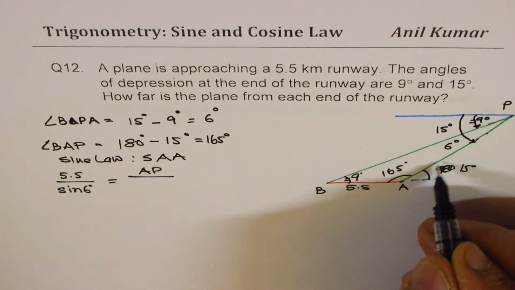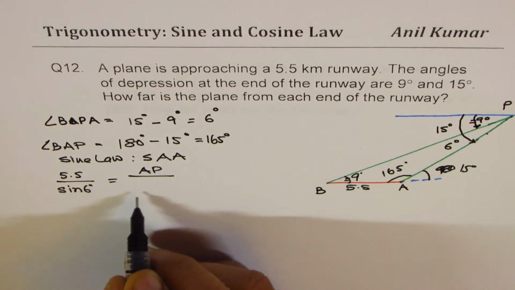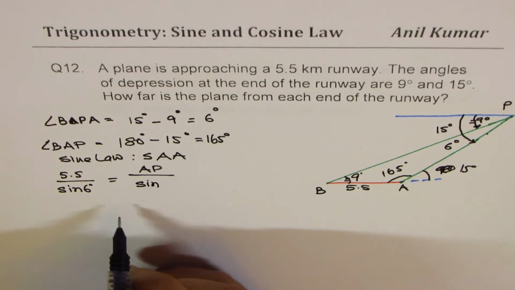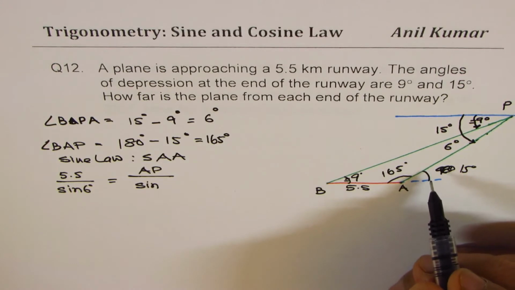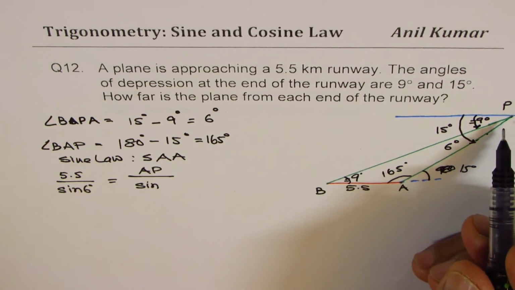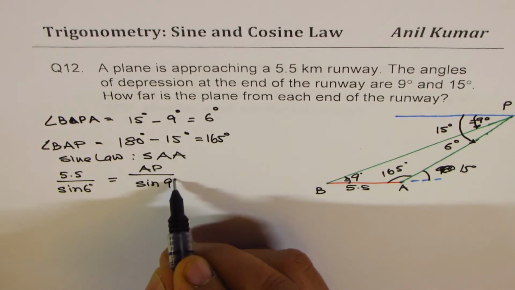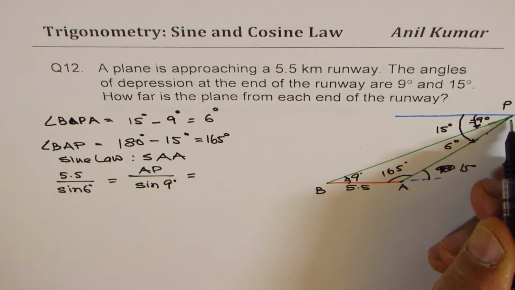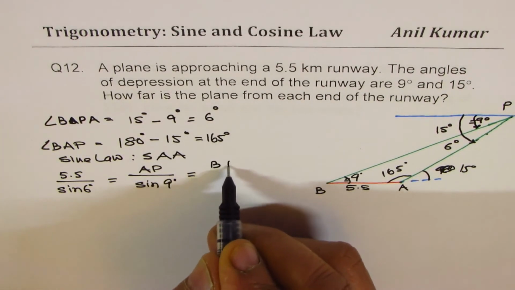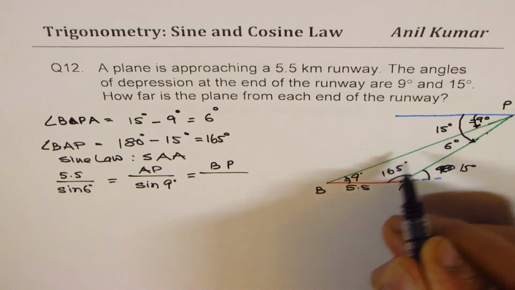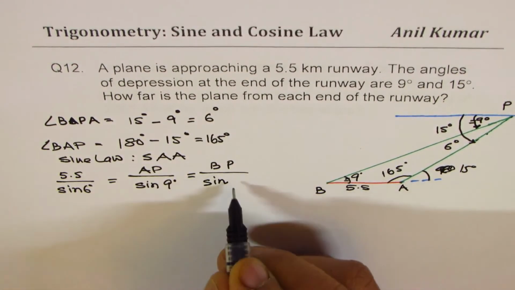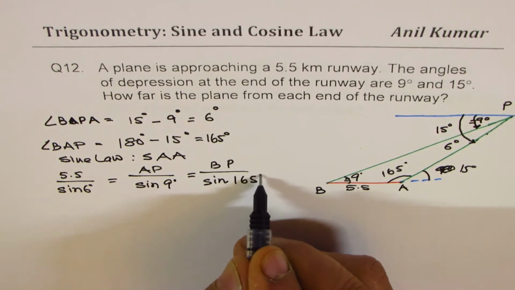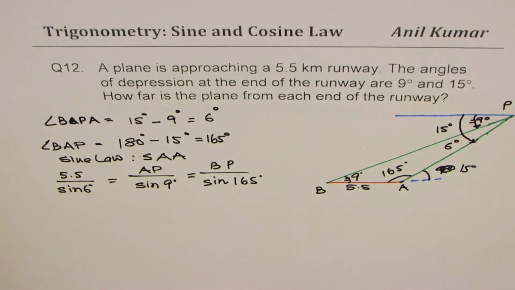The angle opposite AP is 9 degrees, so we get sine of 9 degrees. And for BP, the angle opposite to BP is 165 degrees, so sine of 165 degrees.